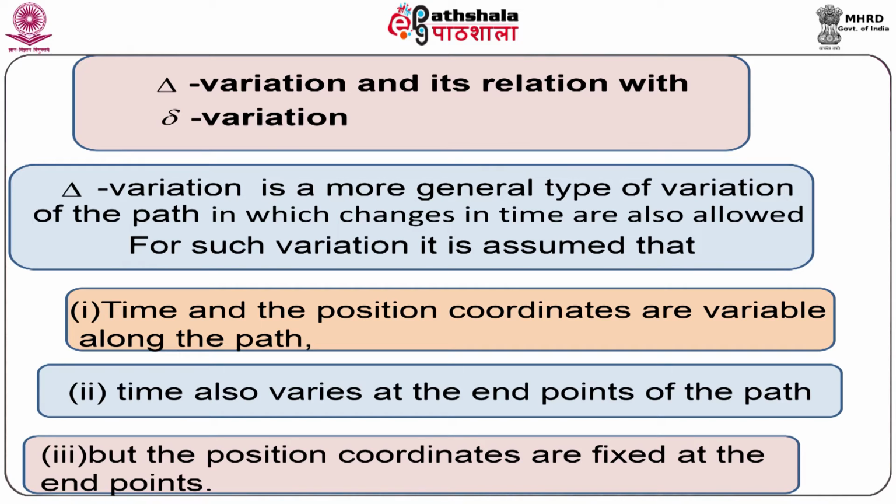For triangular delta variation, we assume, number 1, that time and position coordinates are variable along the path. Number 2, time also varies at the end points of the path. Number 3, but the position coordinates are fixed at the end points.